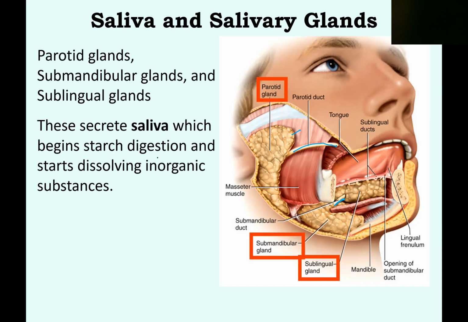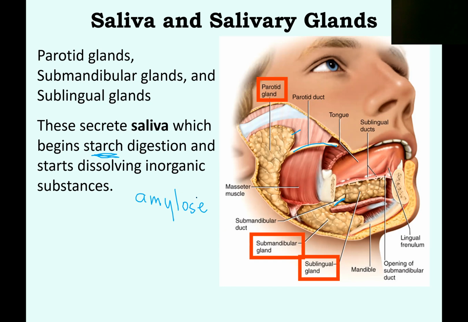They collectively secrete saliva, which is going to begin starch digestion because it's got amylase, the enzyme that digests amylose, which is the other term for starch, and it starts dissolving inorganic substances, creating a solution. So there's lots of water in saliva.